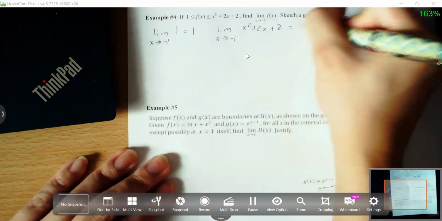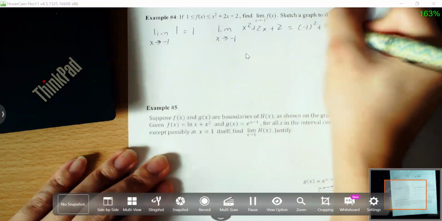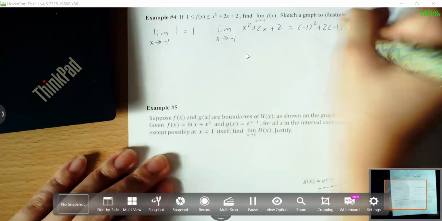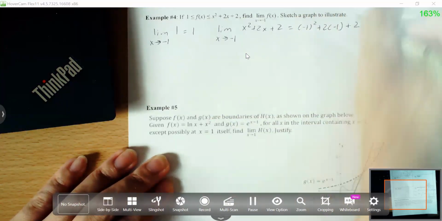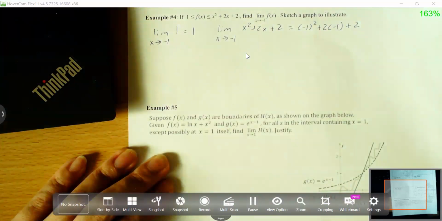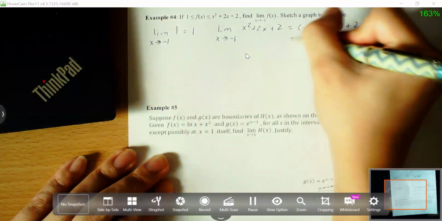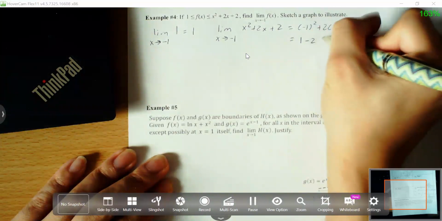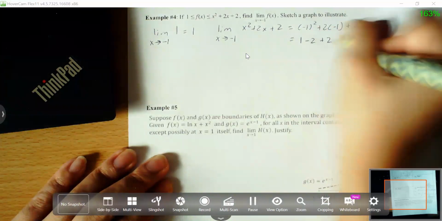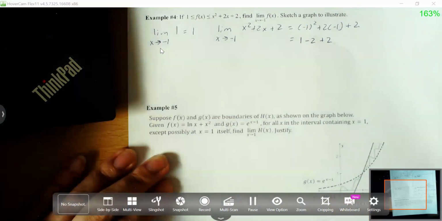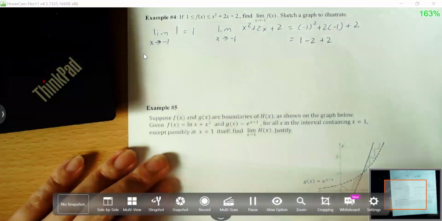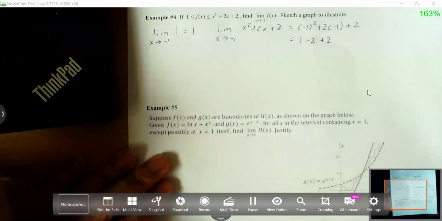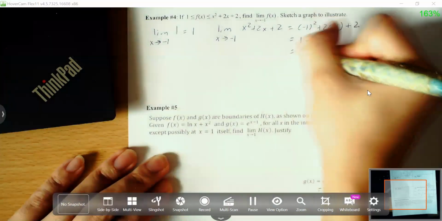So this is -1 squared plus 2 times -1 plus 2. This is equal to 1 minus 2 plus 2. And 1 minus 2 is -1, and -1 plus 2 is equal to 1.